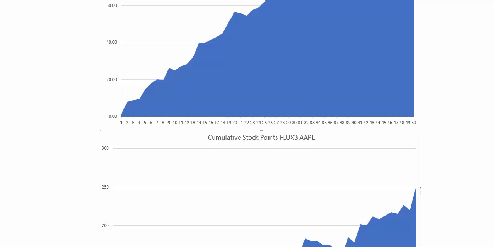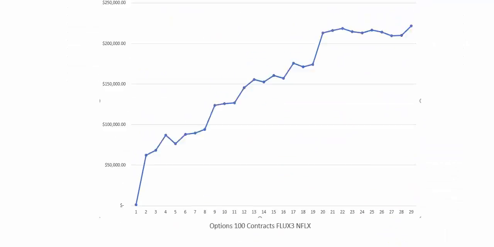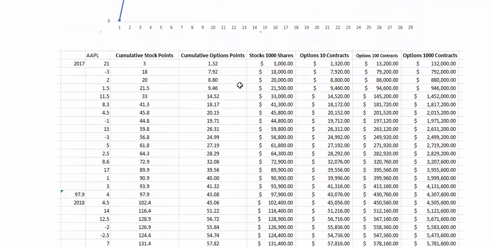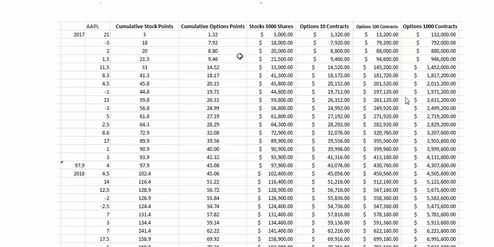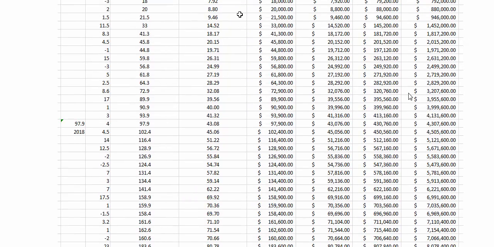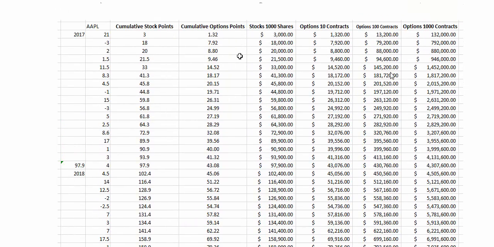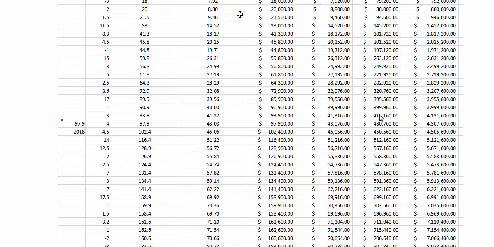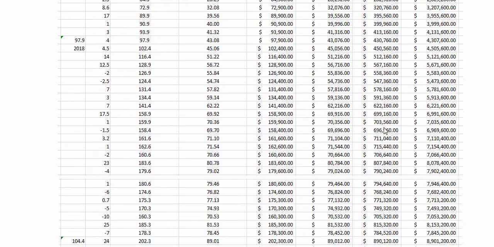Speaking of compounding, one more thing. These charts, let's look at Apple, aren't compounded. What you could do is use compounding as we teach it, and you would have bigger position sizes as your account grows.